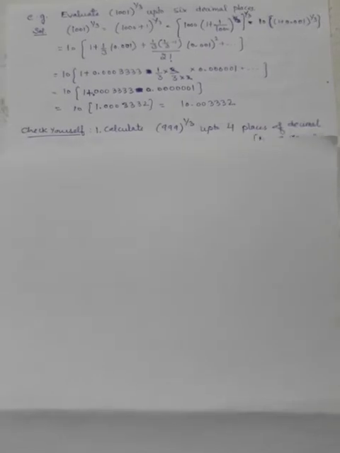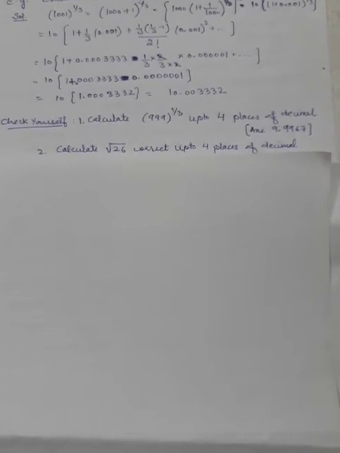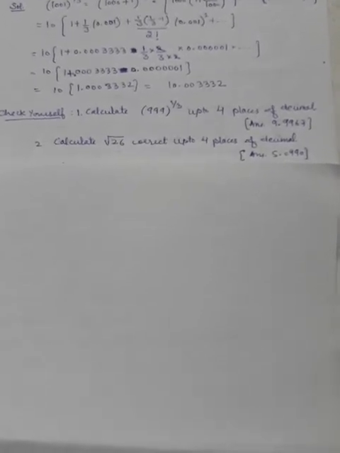Now you must practice this concept, and for that I am giving you two questions here. You have to calculate the value of cube root of 999 up to 4 decimal places, and then you have to calculate the value of square root of 26 up to 4 decimal places.